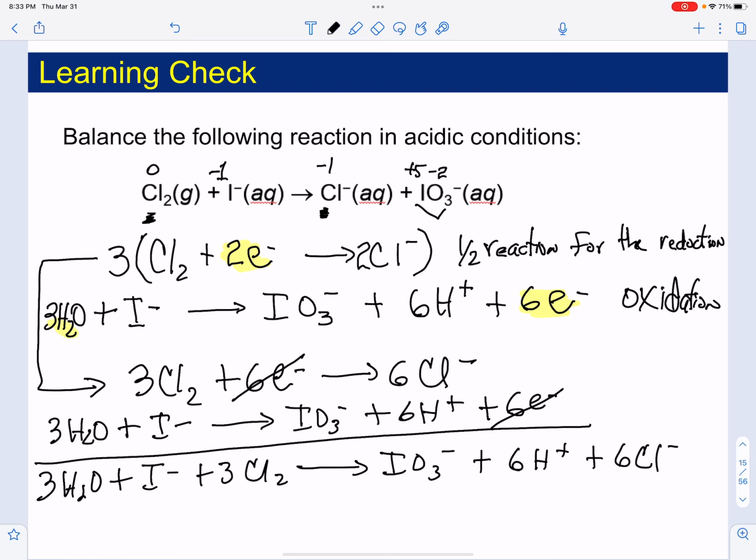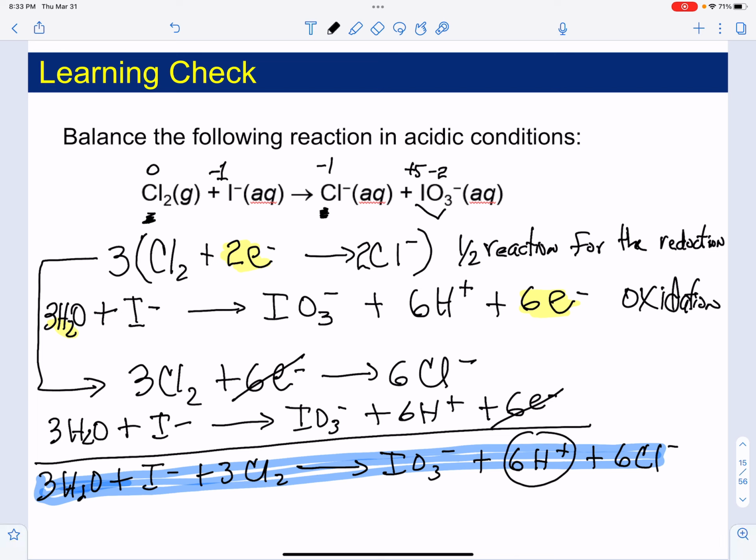And if you notice, we are finishing up with this reaction here, which is a reaction in an acidic environment. So that's how we do balancing in acidic conditions.